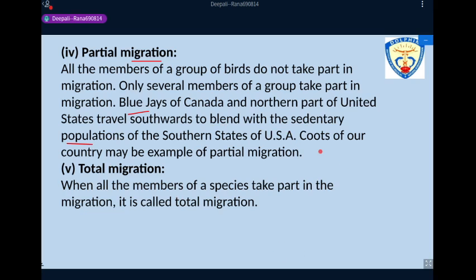Another example is that of coots, which may be an example of partial migration. Coots are birds that look like the crow, and they live alongside the waters.